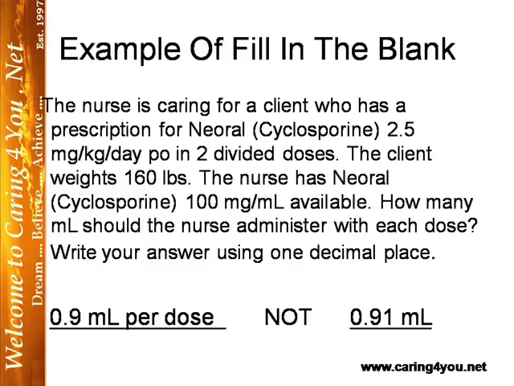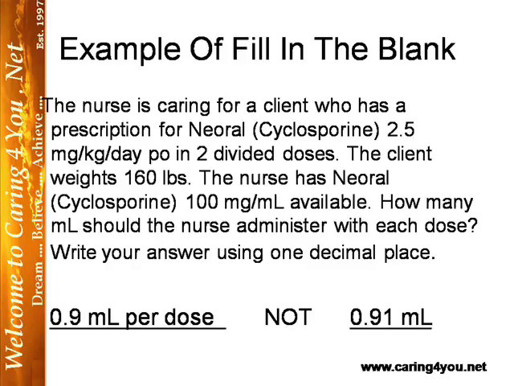So what I want you to do in this particular question, since it says in 2 divided doses, I want you to write out 0.9 milliliters per dose, not 0.91 mLs, right? Why don't I want you to write it like that? Okay, first of all, for 2 reasons. Let's look at this wrong answer, 0.91 milliliters, right?